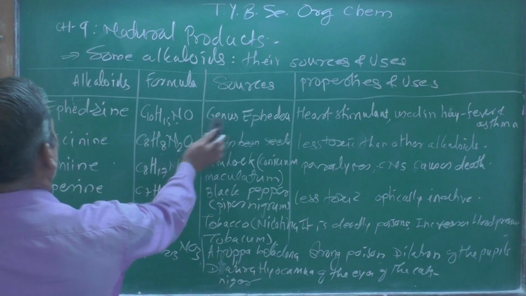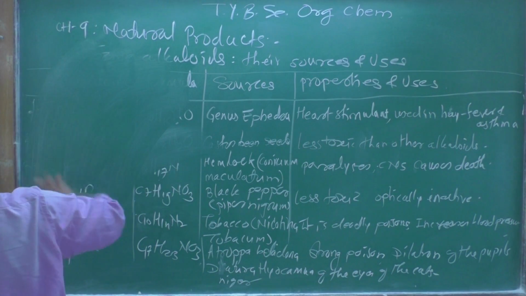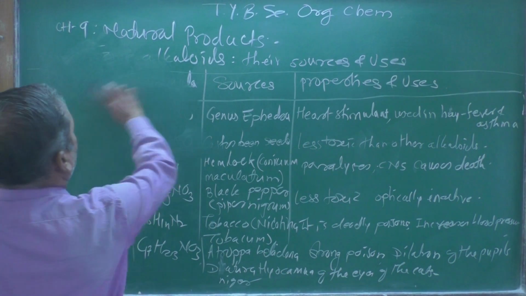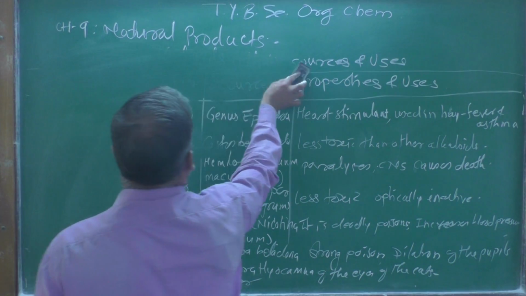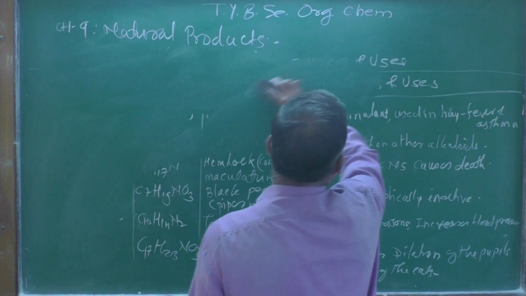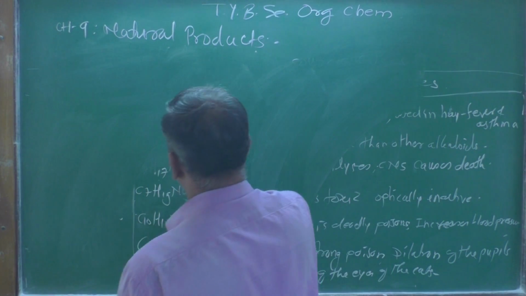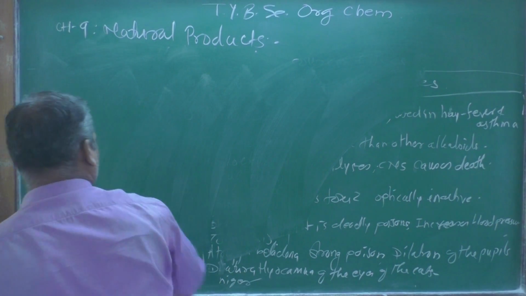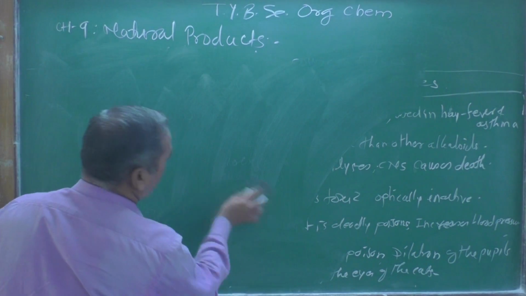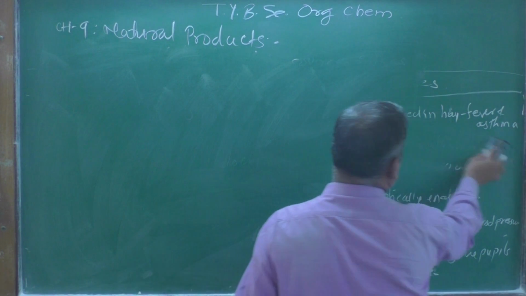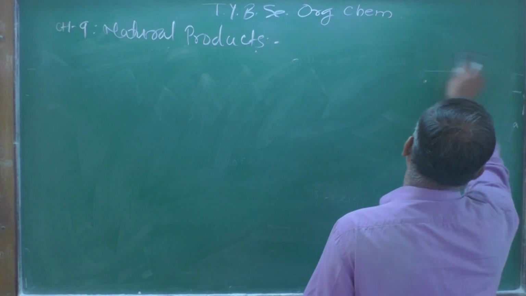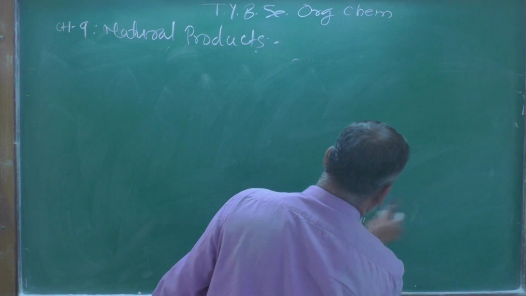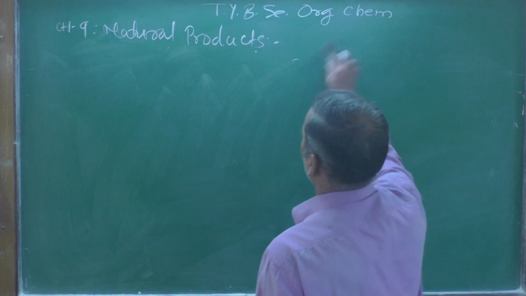the general method for determining the structure of alkaloids, similar to the terpenoid. That is the point we are going to learn over here: some of the general properties of the alkaloids, how we determine the structure of that alkaloid, or how we derive the structure of the alkaloid.